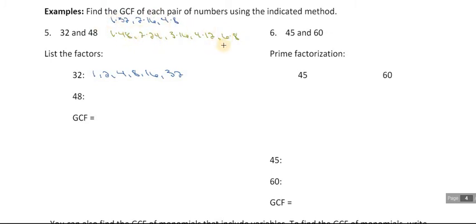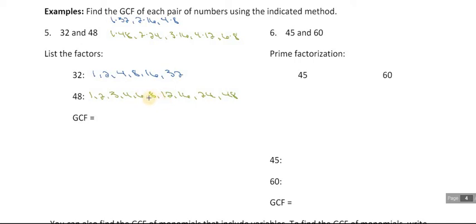So listing all of these in order, smallest to largest, we've got 1, 2, 3, 4, 6, 8, 12, 16, 24, and 48.